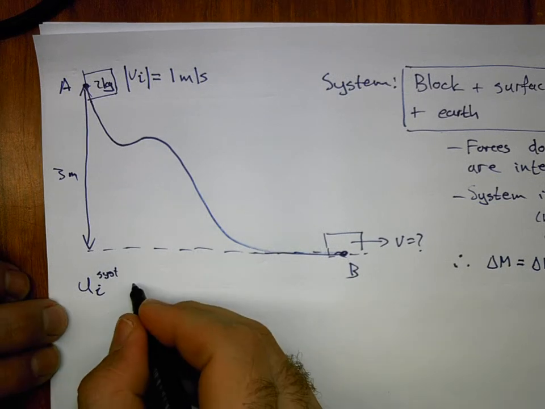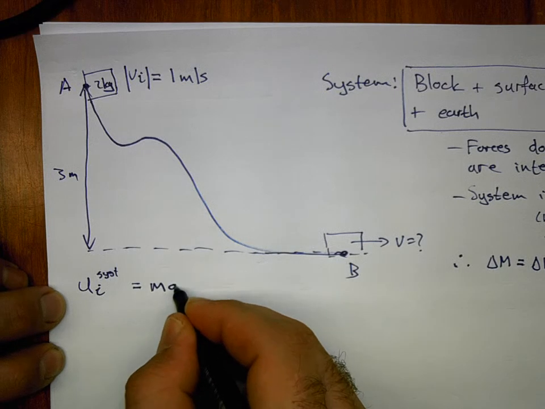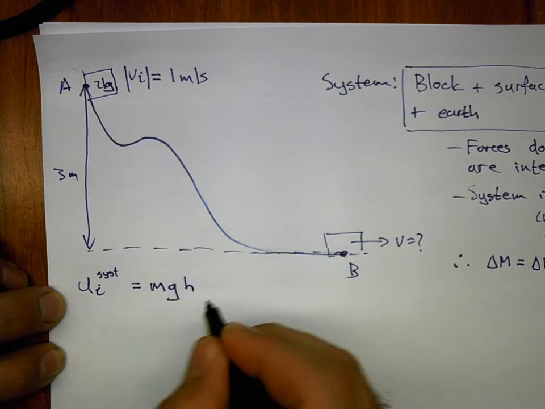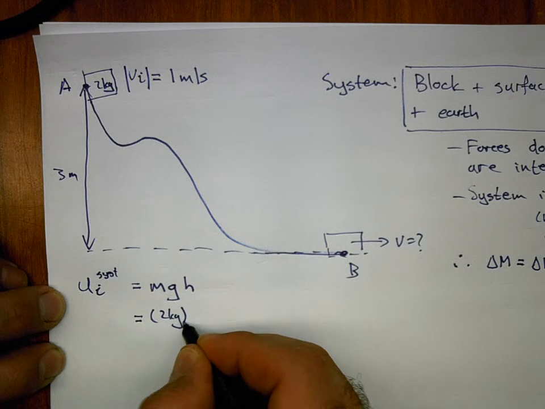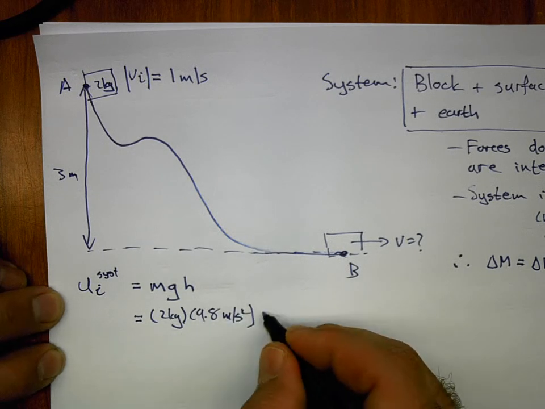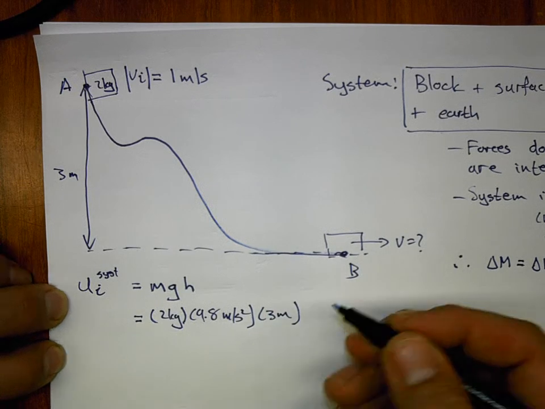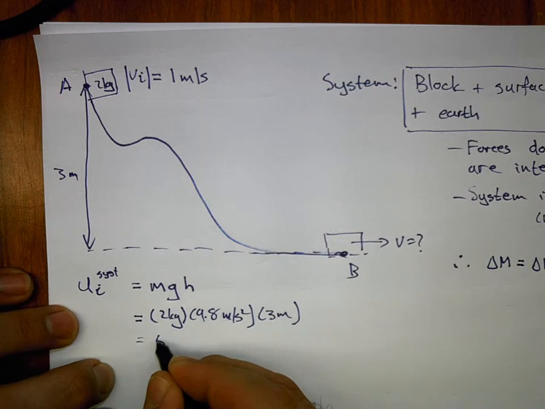The initial potential energy of this block is just its mass times gravitational acceleration times the height. This is 2 kilograms times 9.8 meters per second squared times 3 meters. And the answer that you should get if you calculate that is 58.8 joules.